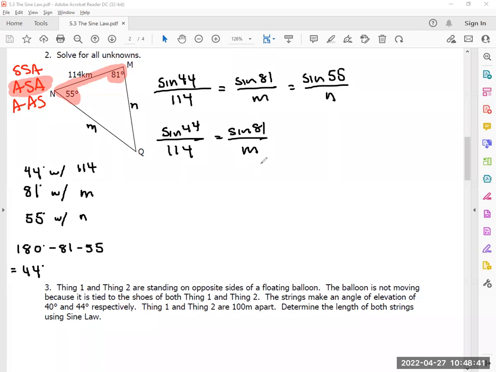Okay, let's get n all alone. Go for it. Ooh. How do you get rid of a number on top? What do you multiply it with on the bottom so you can simplify it out? It's annoying, isn't it?